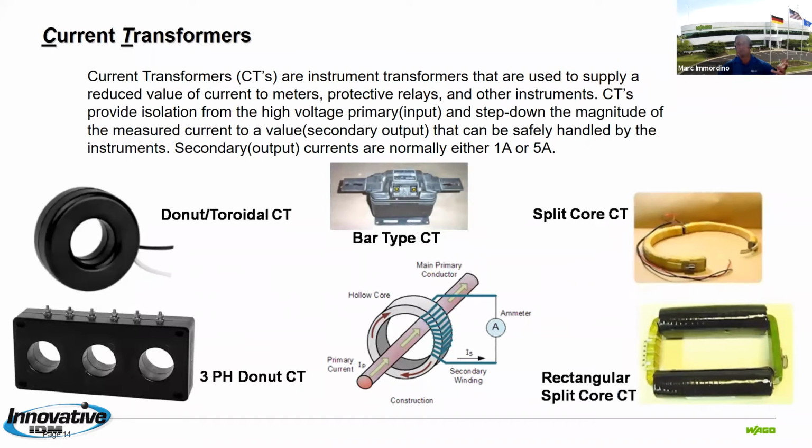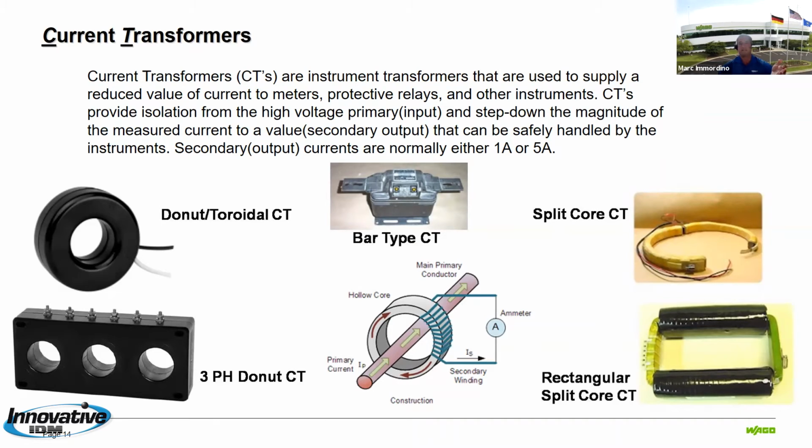They come in many shapes and sizes and are designed for a wide variety of current measuring applications. CTs are instrument transformers that are used to supply a reduced value of the current to meters, protective relays, and other instruments like PLCs and IO cards.